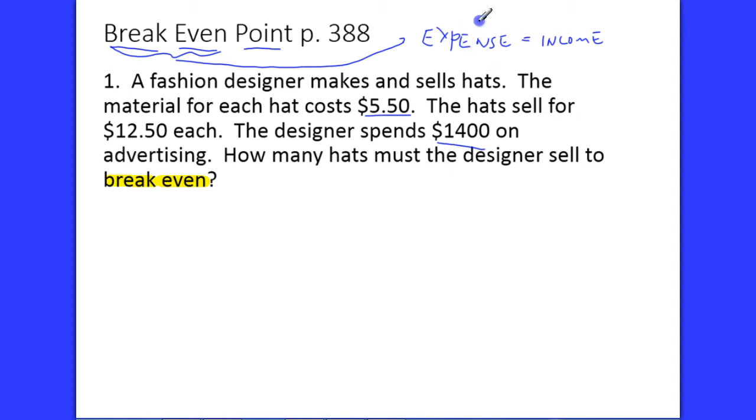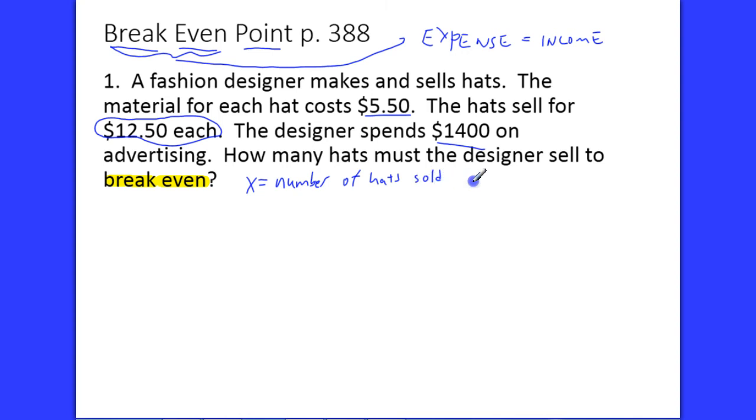We're going to have to write an equation for those expenses, and then an equation for the income. Their income is $12.50 per hat. That helps us figure out what our variables should be. So I'm going to define the variables like this. You need to write this down because I do give you credit just for defining it. We're going to let x equal the number of hats sold.